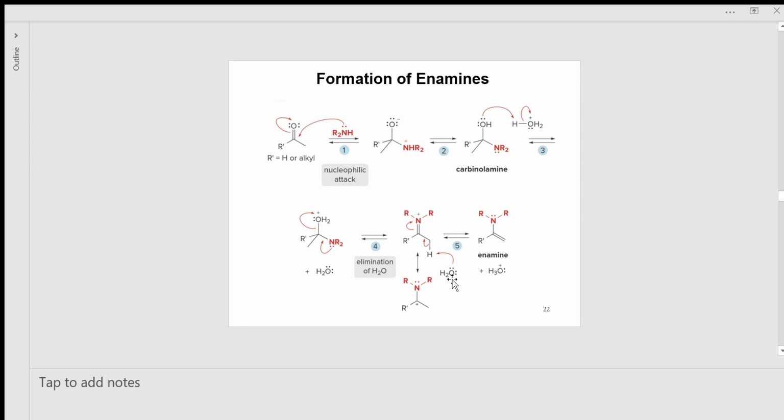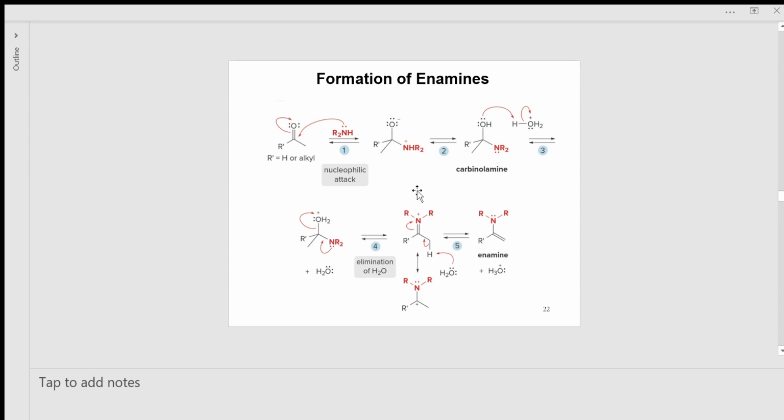Water serves as a base, so the proton reacts with water. The two electrons move to this position, and in this pi bond, two electrons move up. So nitrogen has the lone pair, and a new carbon-carbon double bond is formed from this reaction. So this is called an enamine.